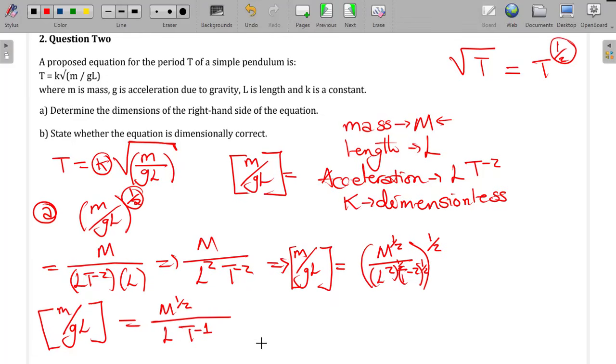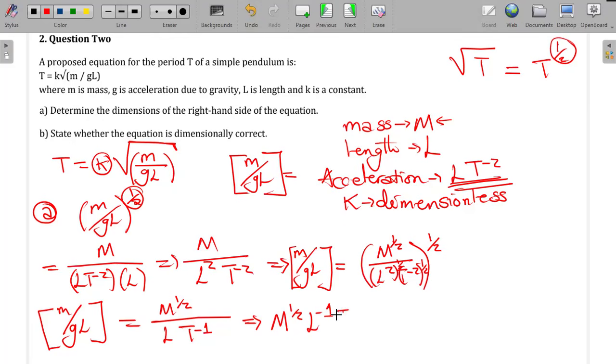If you leave your answer here, they are going to give you all the marks. But if you want to leave it in this form, how is it going to exist? Of course, we're going to have mass to the power half. And what about length? Length is a denominator, so if we take it to the top, it's going to change its power to negative 1.